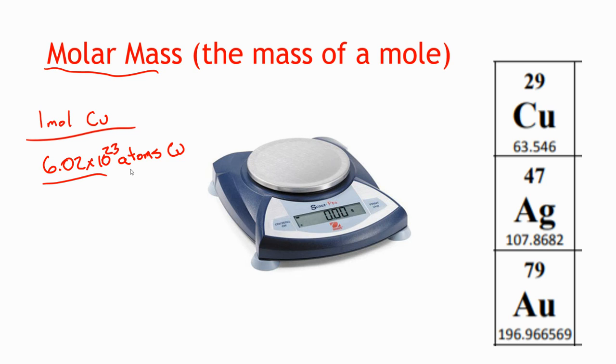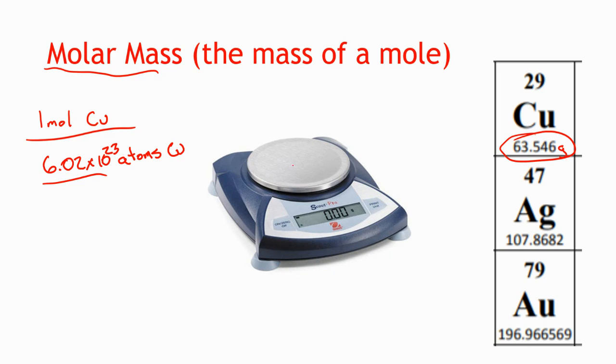But here's the beauty of how that number was designed. That number, 6.02 times 10 to the 23rd atoms, actually represents the number of atoms in exactly 63.546 grams of copper metal.